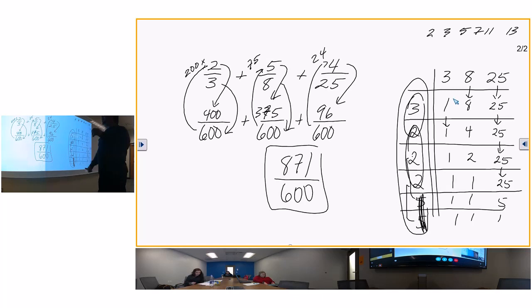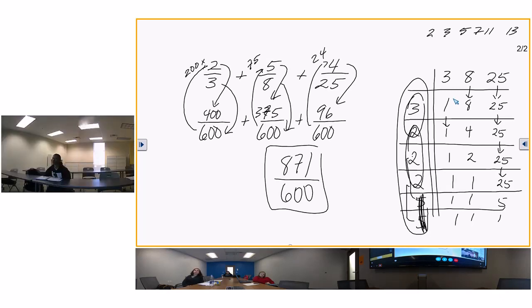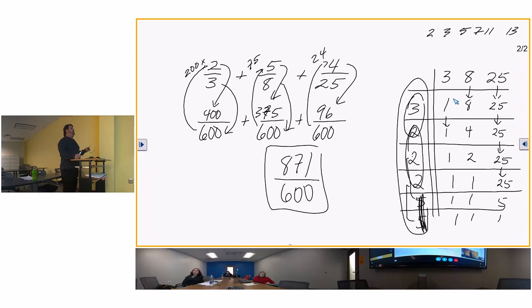Now, a lot of people ask this question. Well, Hubert, do we have to have a mixed number? Do we have a unit of measurement? When do you use a mixed number in the real world? Think of 2.5. When do you use 2.5?